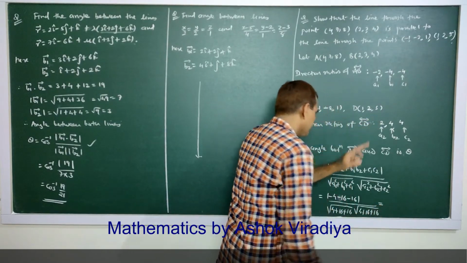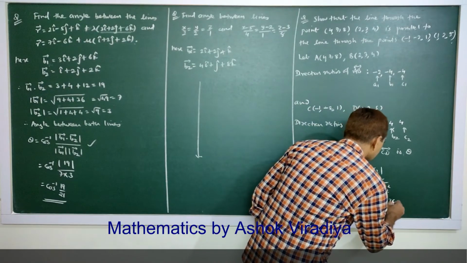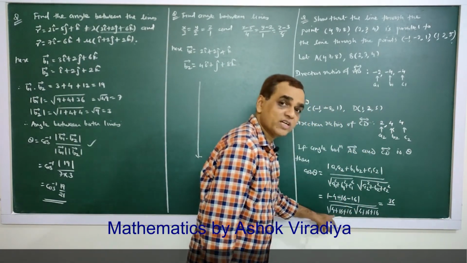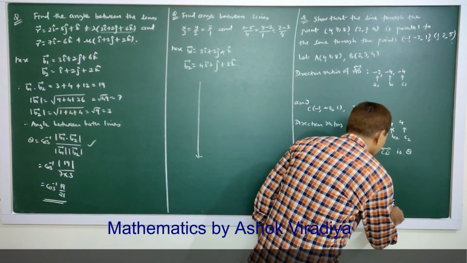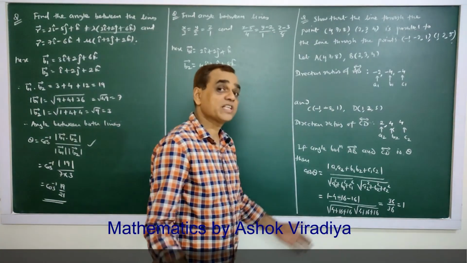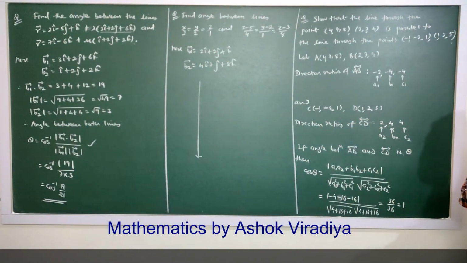So it is equal to 36 upon 36, root 36 into root 36, that is 36. So it is 1.